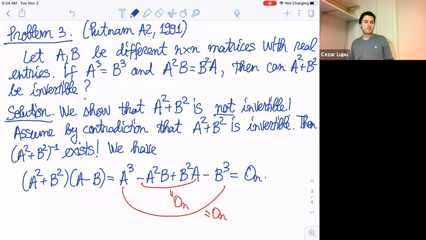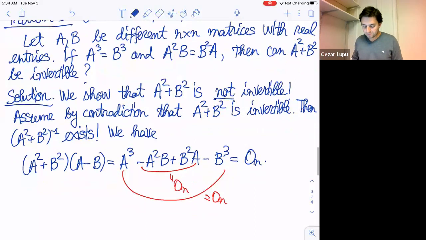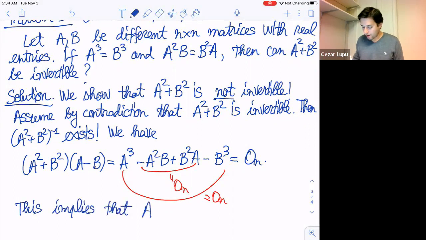Yeah, but I know that A is invertible, so the only option I have is that this implies that A minus B is the null matrix, or A equals B, which is a contradiction.